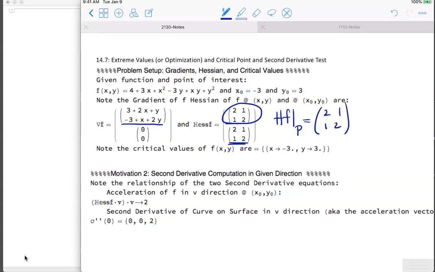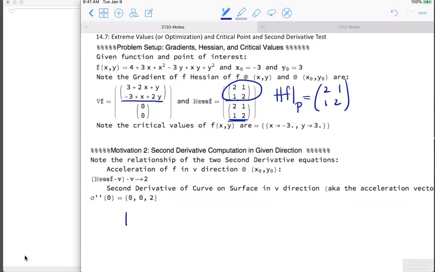To get a sense of what's going on with this function, if you take any direction, let's say the direction 1, 0, and you have the Hessian at that point, 2, 1, 1, 2, you compute the second directional derivative.